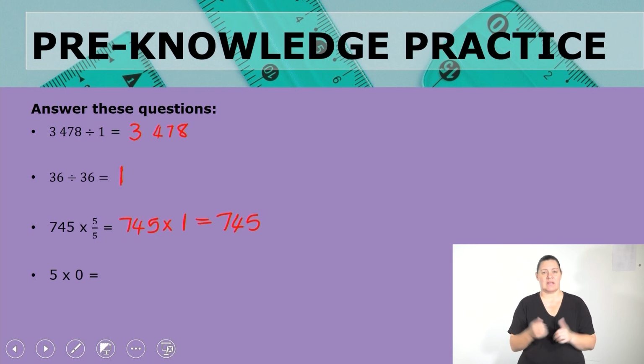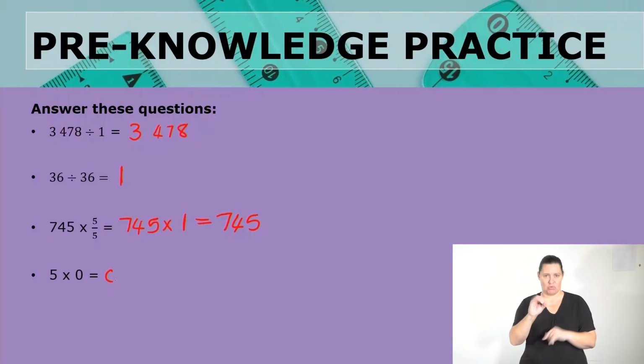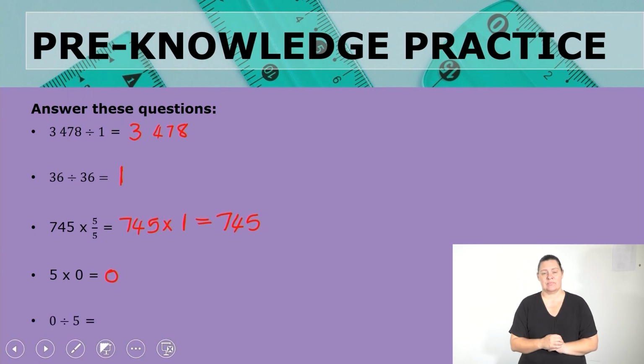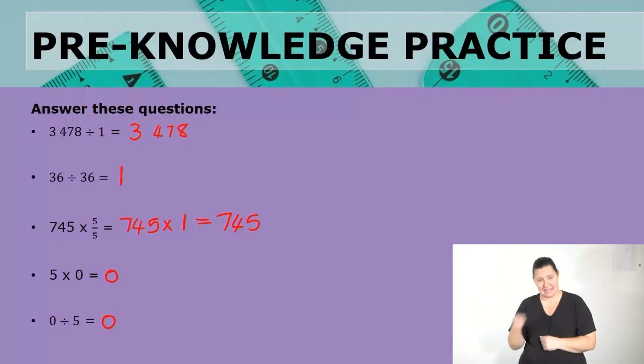The next one is 5 multiplied by 0. Remember, if we are multiplying by 0, these are the properties of 0, then the answer will be 0. Any number multiplied by 0 will be 0. And the last one there is 0 divided by 5. Again, 0 divided by any number will give us an answer of 0.